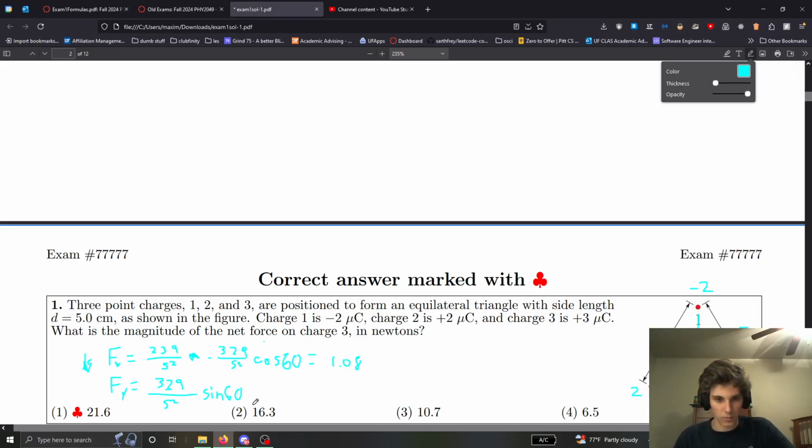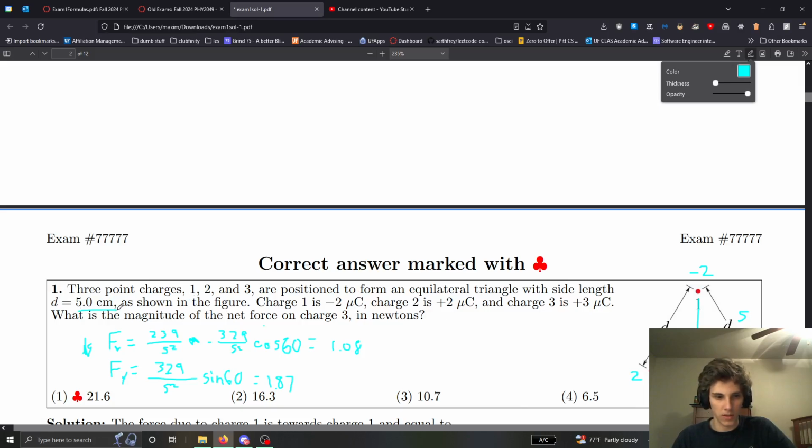You get 1.87. Now, if you take the square root of this one squared plus this one squared, you get 2.16. Again, metric conversions, I never converted these, so this is correct.